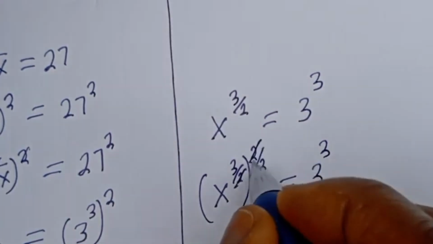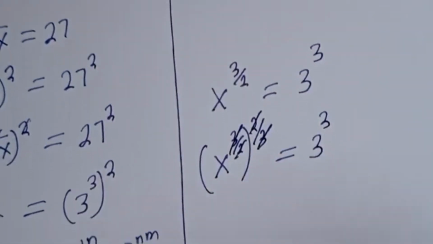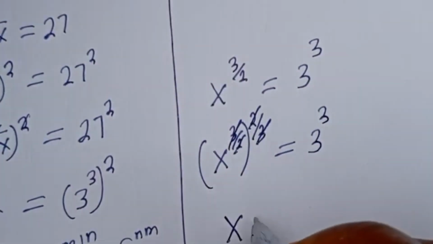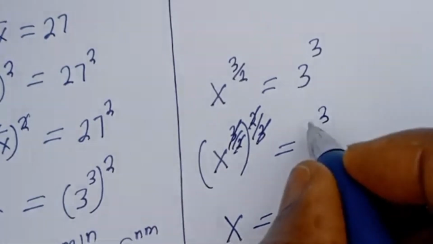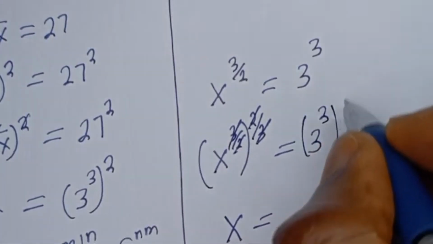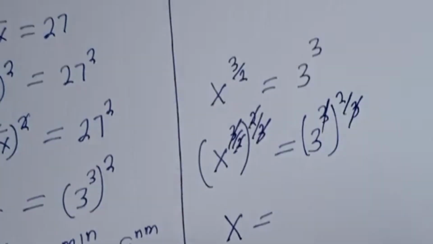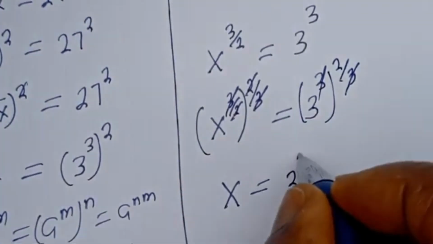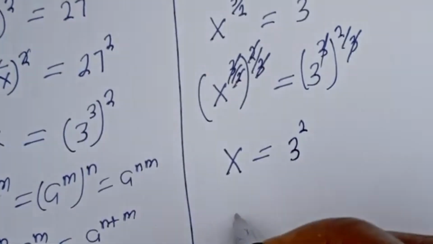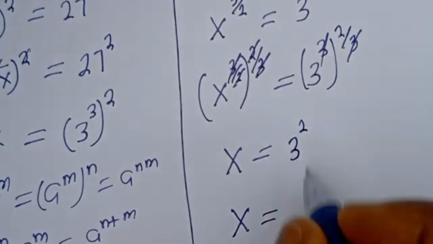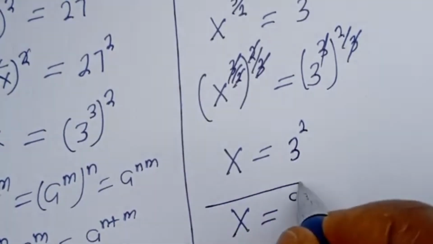Then this will cancel this, this will cancel this. S is equal to, then we are multiplying this by 2 over 3. This will cancel this, 3 square. Then s is equal to 3 square, that is 9.